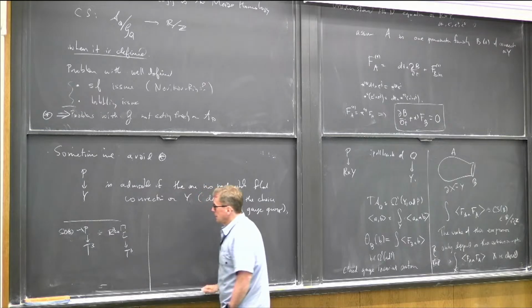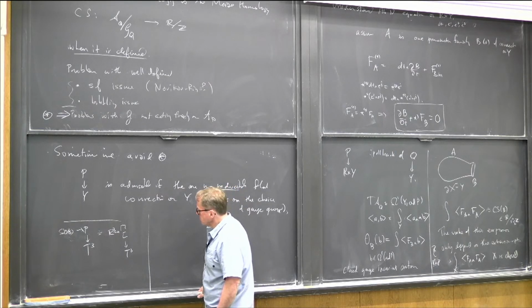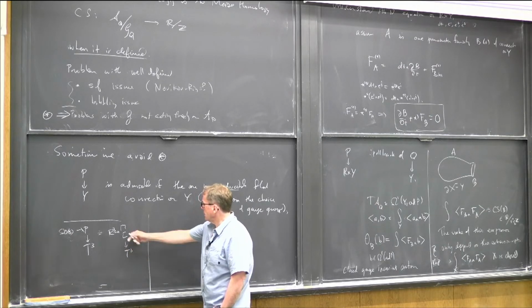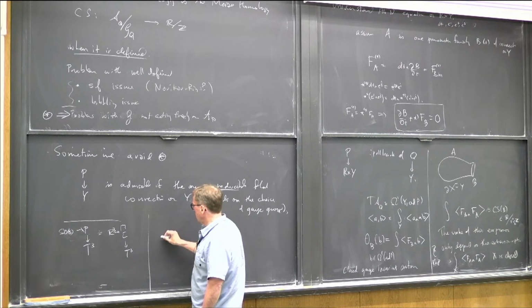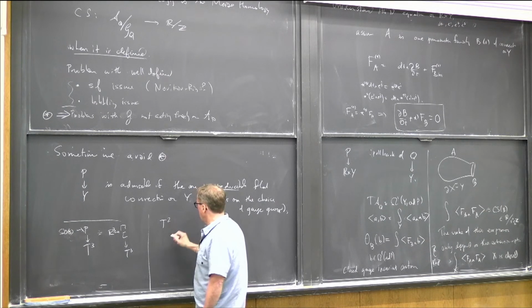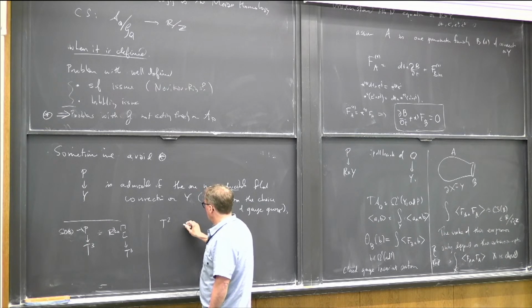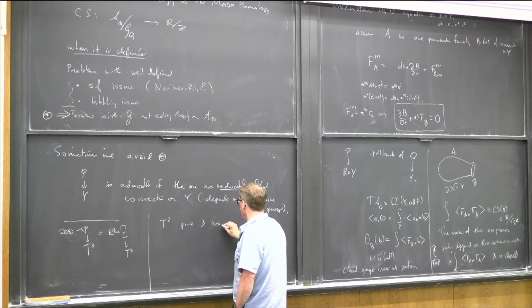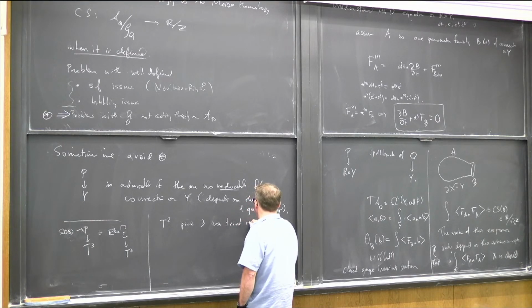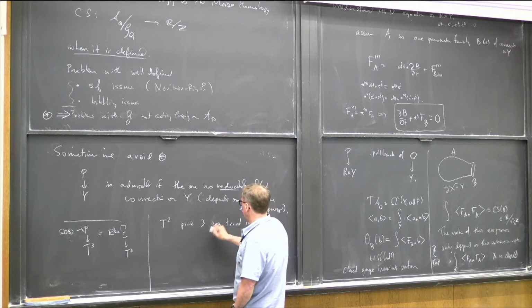Then there's a kind of interesting guy you can write down. I think I mentioned it before, but what we can do is first start off with T2 and pick 3 distinct non-trivial line bundles on it.